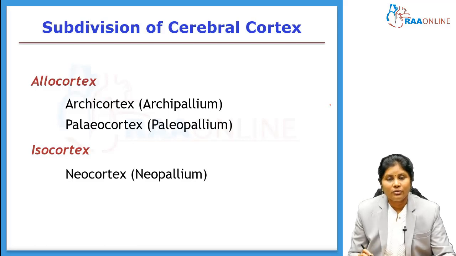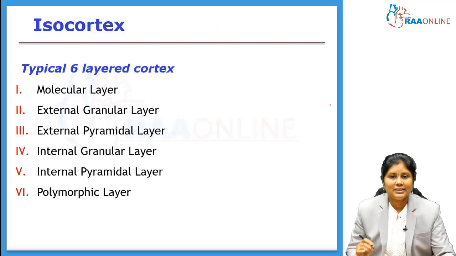But the majority of the cerebral cortex is made up of isocortex, also called neocortex. This is the development that human beings got as a result of evolution. This neocortex or neopallium is made up of 6 layers: molecular layer, external granular layer, external pyramidal layer, internal granular layer, internal pyramidal layer, and polymorphic layer.